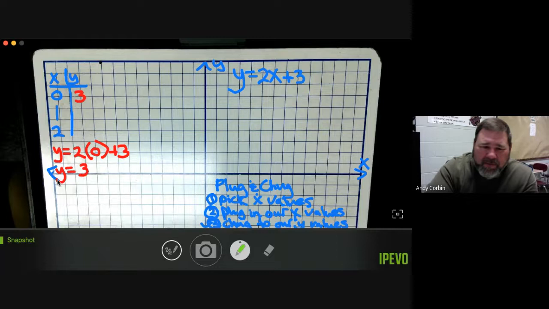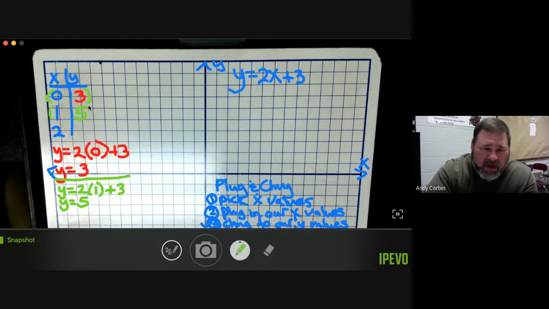All right. Let's do the next one. Let's do 1. So y equals 2 times parentheses 1 plus 3. Okay. And so that's y equals 2 times 1 is 2 plus 3 is 5. So when x is 1, y is 5. Now these are solutions, right? They're ordered pairs, just like we had with parentheses around them.